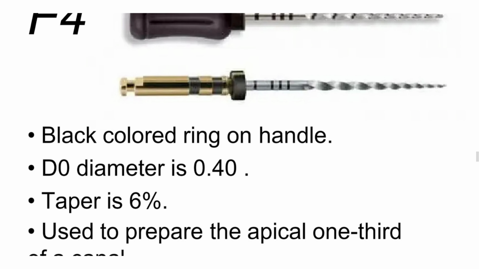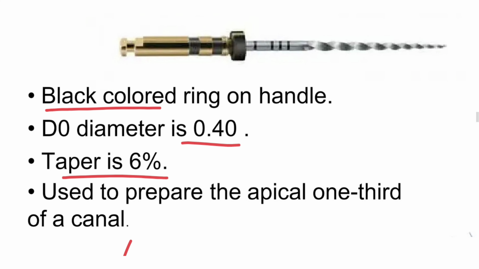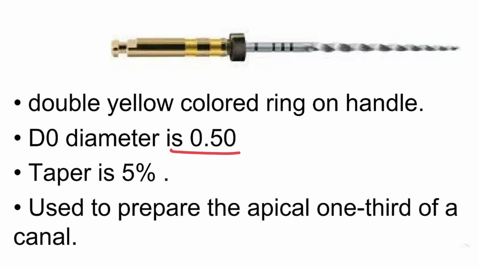Now next, moving forward to the F4 file, it is black in color. The D0 diameter is 0.40 and the taper is 6%, and it is used to prepare the apical 1/3 of the canal. Now next, moving forward to the F5 file, the identification color is yellow. The D0 diameter is 0.50 and it has a taper of 5%. It is also used for preparing the apical 1/3 of the canal.